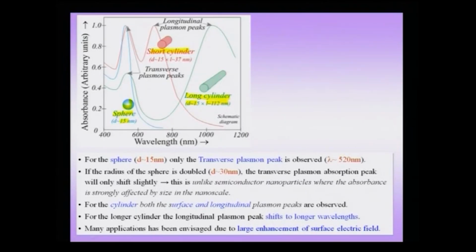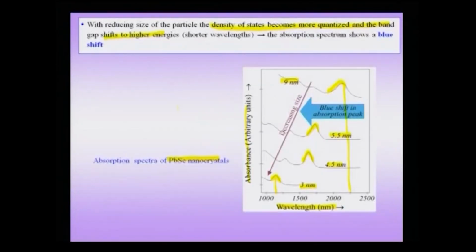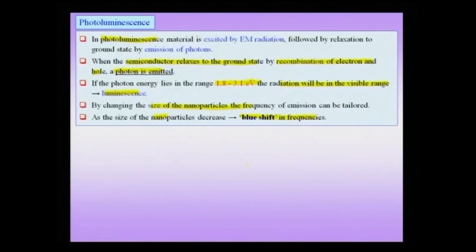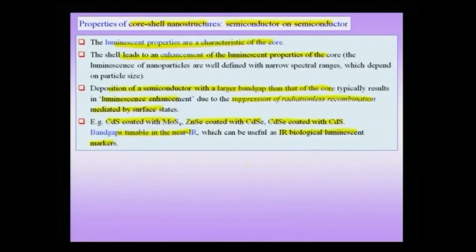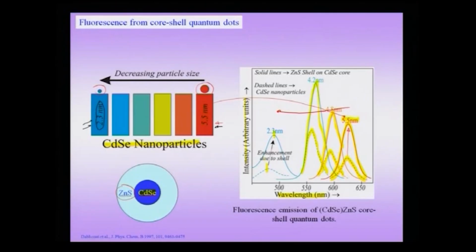Of course, this is slightly large, but a cylinder can be thought of as a one dimensional nanocrystal. And now, in some of the previous curves, when we talked about semiconductors, we initially plotted the absorbance. Then when we talked about photoluminescence, we were actually plotting the emission part. That means how an excited system relaxes by emission of light, and we use the term fluorescence for that.